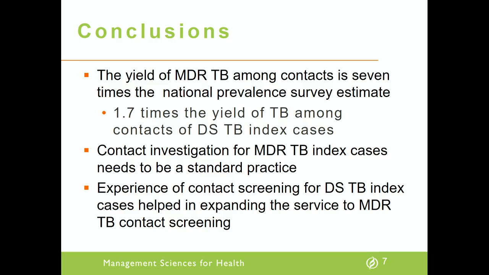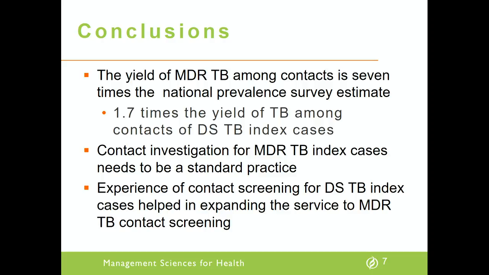In conclusion, I think the yield of MDR-TB among contacts was 7 times the national prevalence. And in a place where there is poor infection control, I have mentioned that even 3 people were found from a single index case. There are a number of similar stories in the community, especially in rural settings.